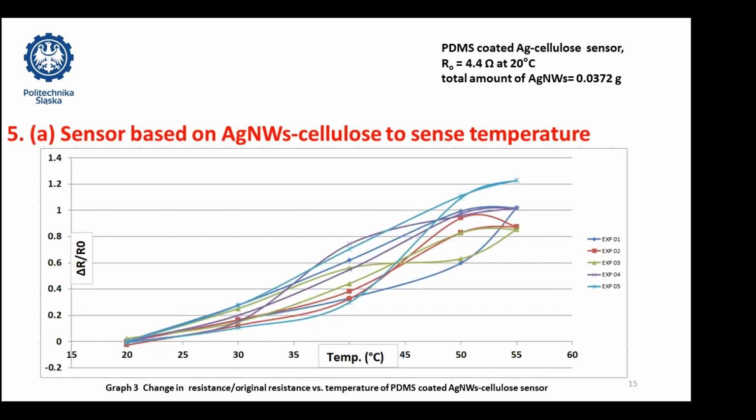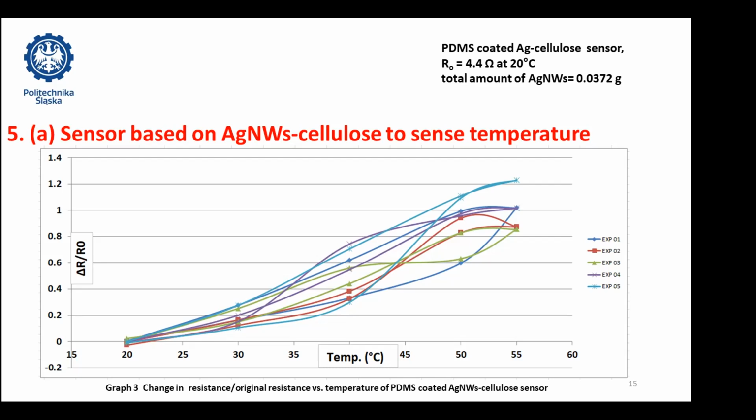Now, the third one is delta R over R naught on the y-axis. This represents the change in resistance over the original resistance, and on the x-axis I have temperature. Here I have performed 5 different experiments, and the maximum change in resistance from 20 to 55 was roughly 99%, which is a very good value.